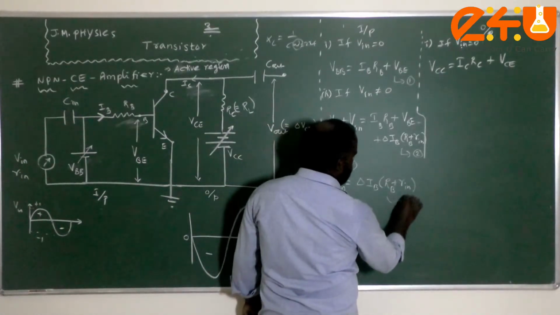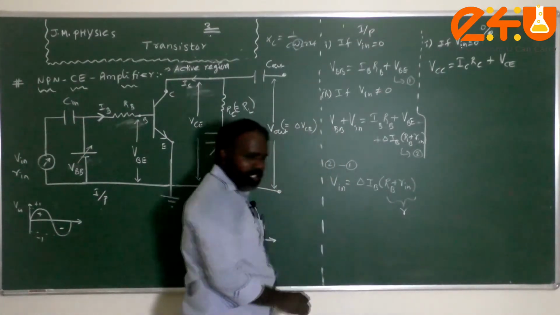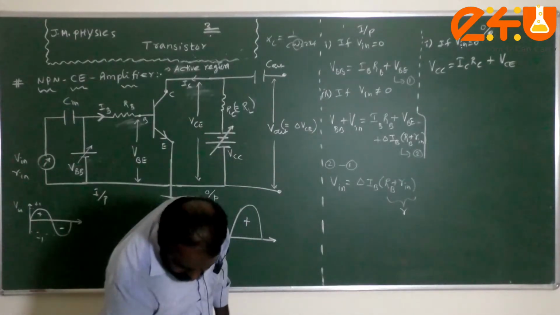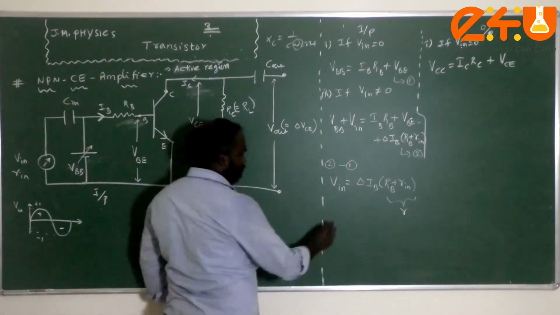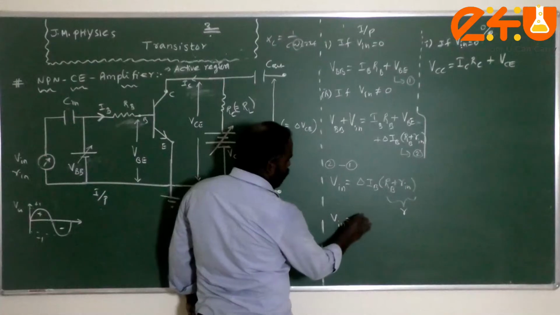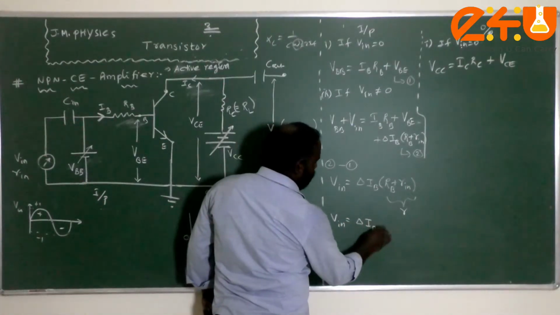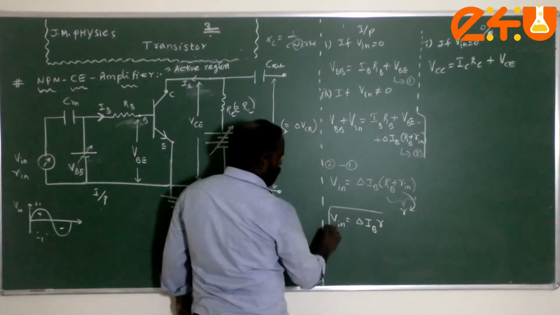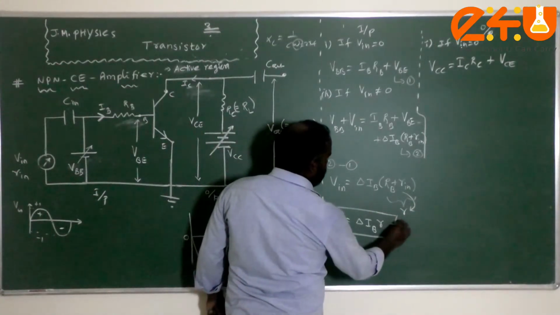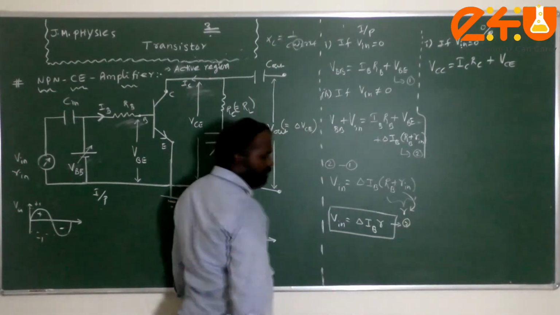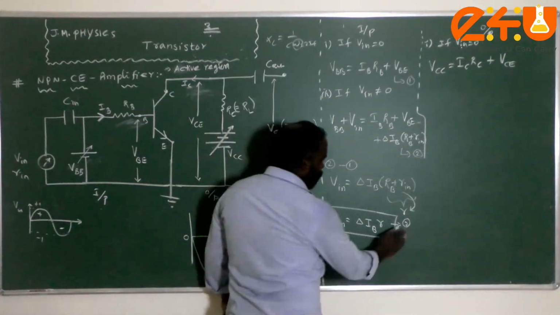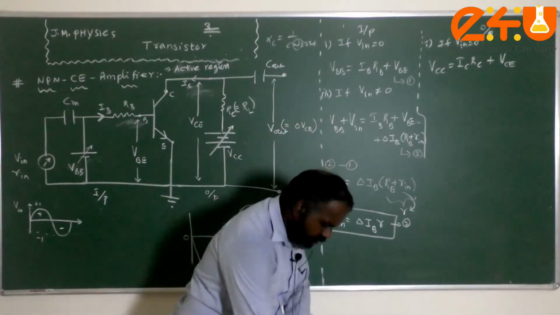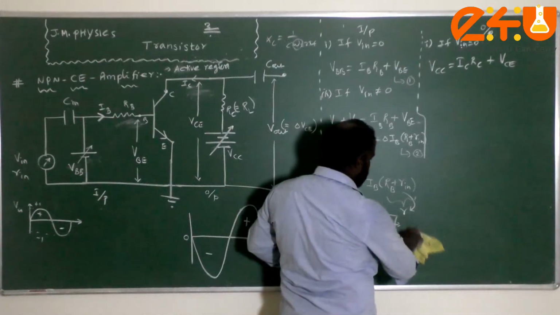So I can write Vin is equal to delta IB into small r. This is the input voltage equation, equation number 3.